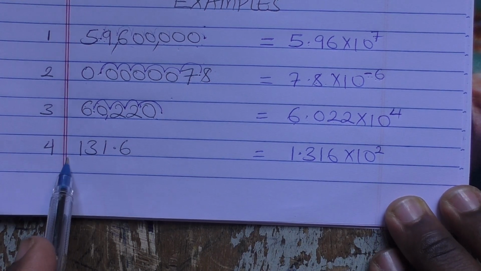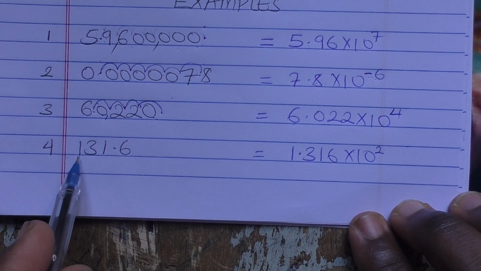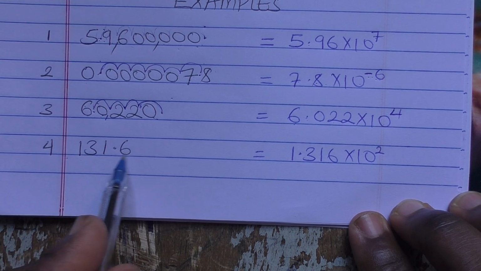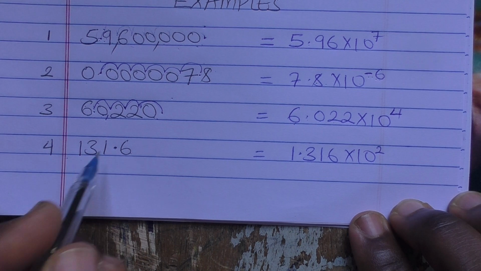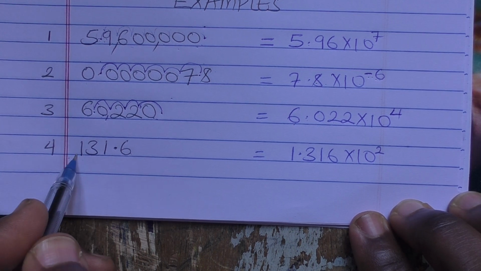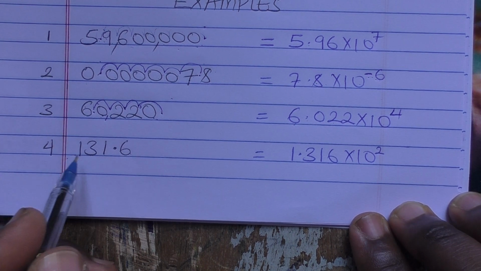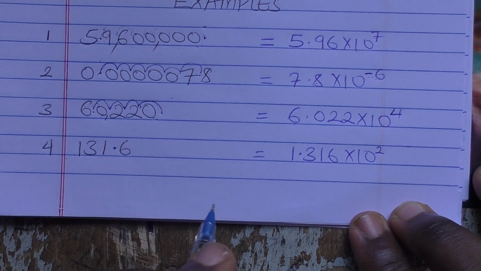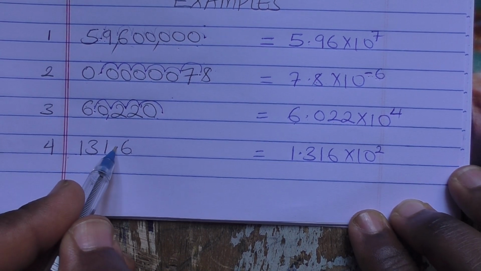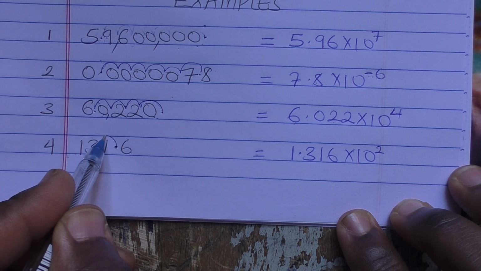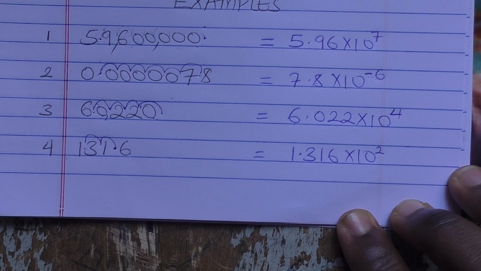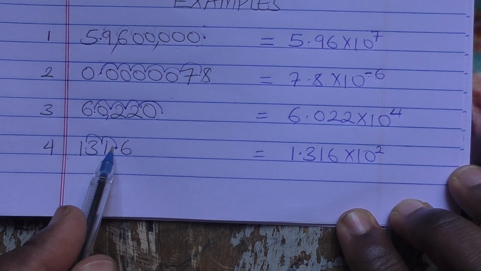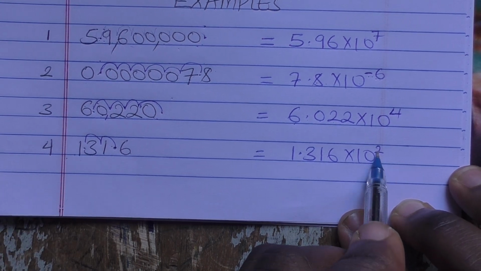Let us go to example 4, where we have 131.6. Our point is between 1 and 6, but it has 3 figures on the left. However, we should leave 1 figure on the left. So we shall move our point until we are left with 1 figure on the left. Since we have moved 2 steps, our power is 2.